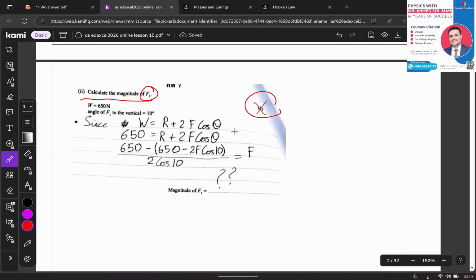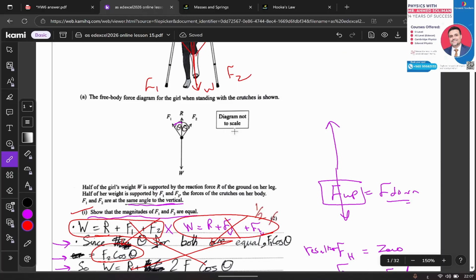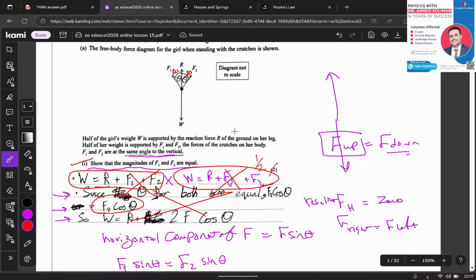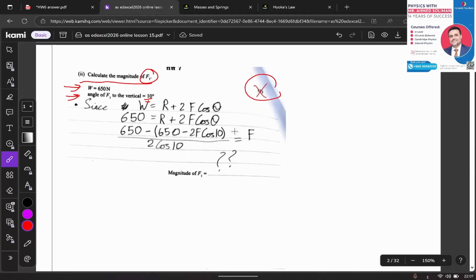F1, and he gave us the weight and the angle of F1 is 10. It means this angle is 10 and also this angle is 10. So can you find F1? Is it going to be W, negative W?